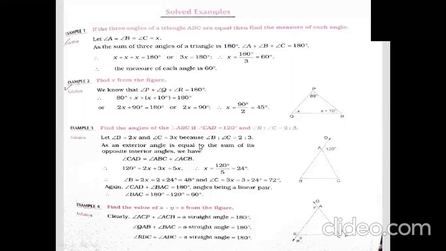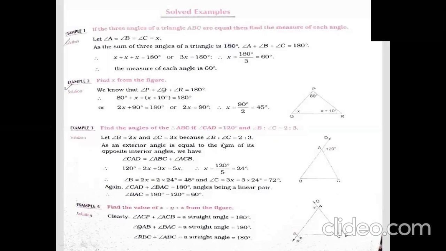Similarly, example number 3 says, find the angles of the triangle ABC if angle CAD is equal to 120 degrees and the ratio of angle B and angle C is equal to 2:3. In this question, as the ratio between angle B and angle C is given, we will assume that angle B is equal to 2x and angle C is equal to 3x.